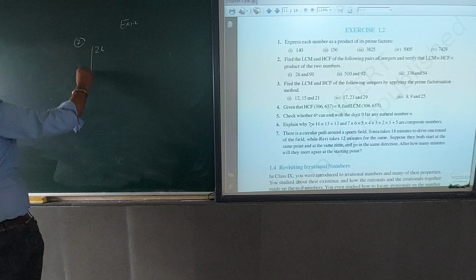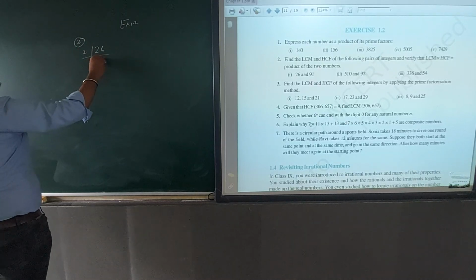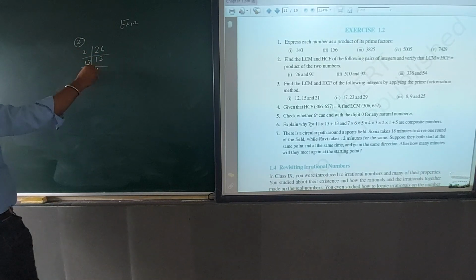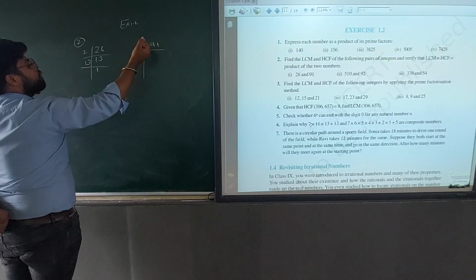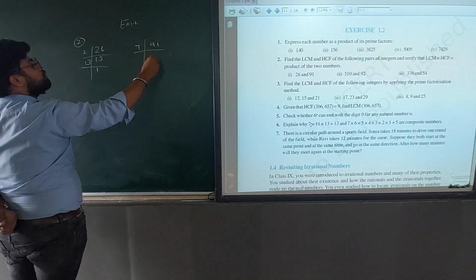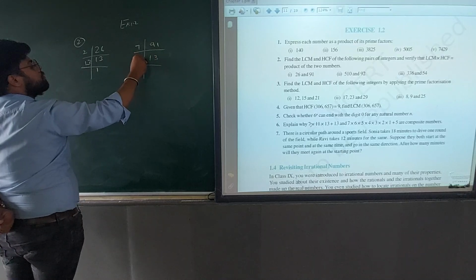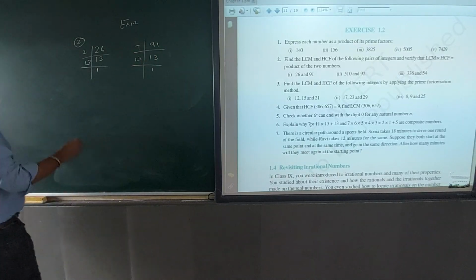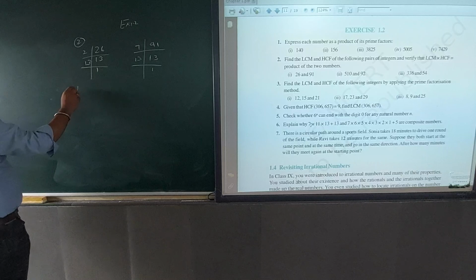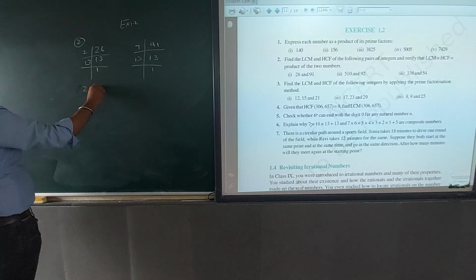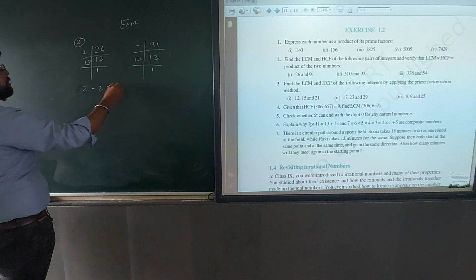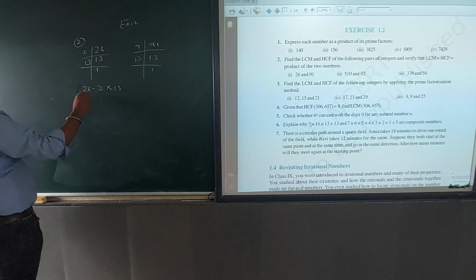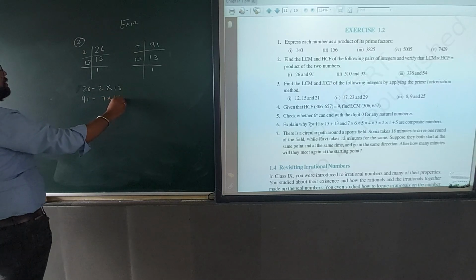So first find the factors. 26 is 2 into 13, and 91 is 7 into 13. First I will write here what are the factors. 26 factors are 2 and 13, and 91 factors are 7 and 13.